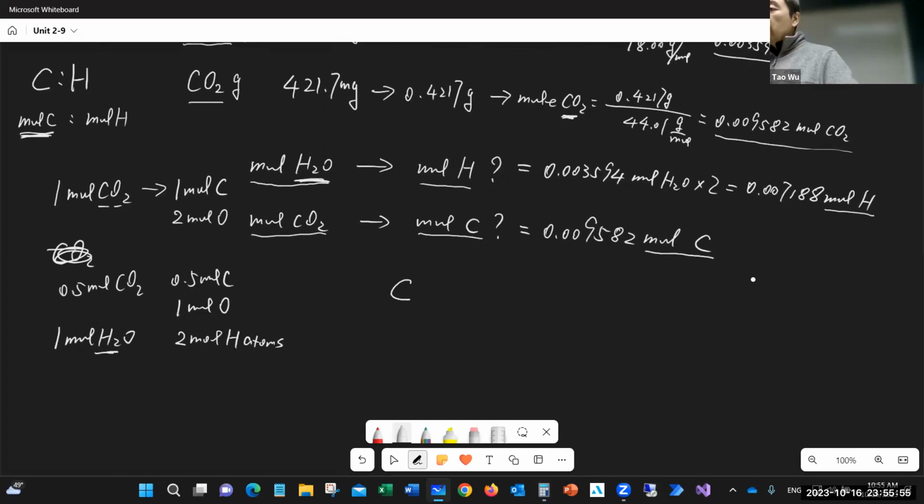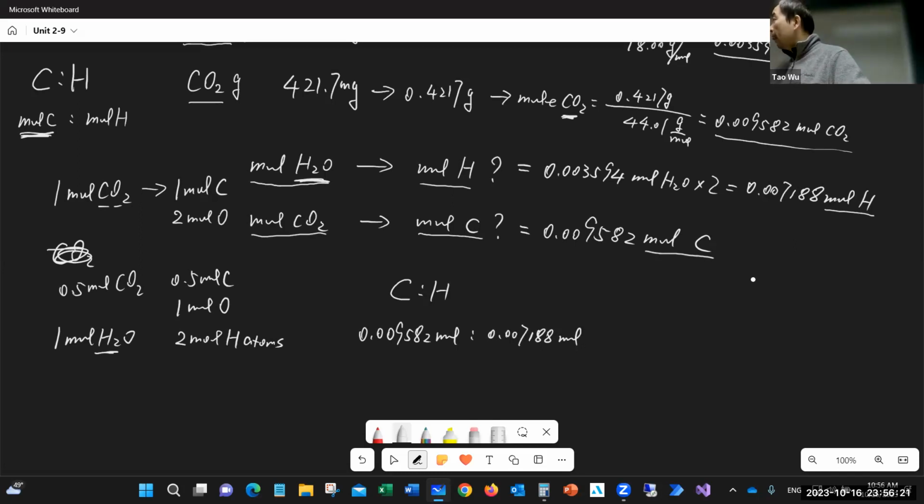Okay, so carbon versus hydrogen is 0.009582 moles versus 0.007188 moles. And how do we do this? How do we make a whole number ratio between the two?